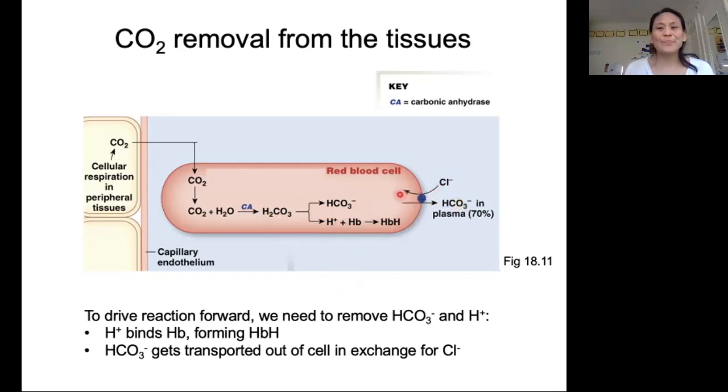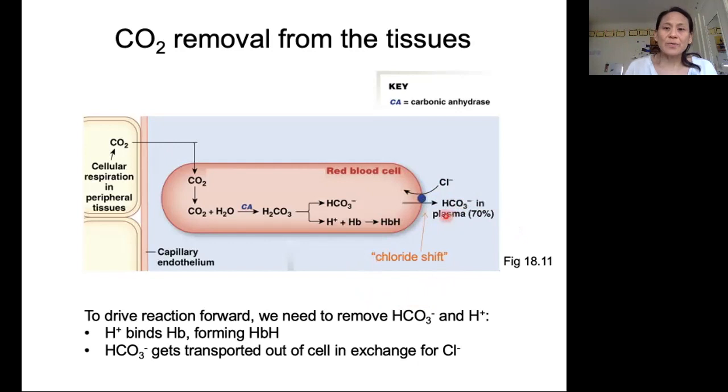For reasons that are not really clear to me, there is a name for this transport. It's called the chloride shift. I also want to mention that this bicarbonate that goes out into the plasma plays an important role in our blood as a buffer for pH.